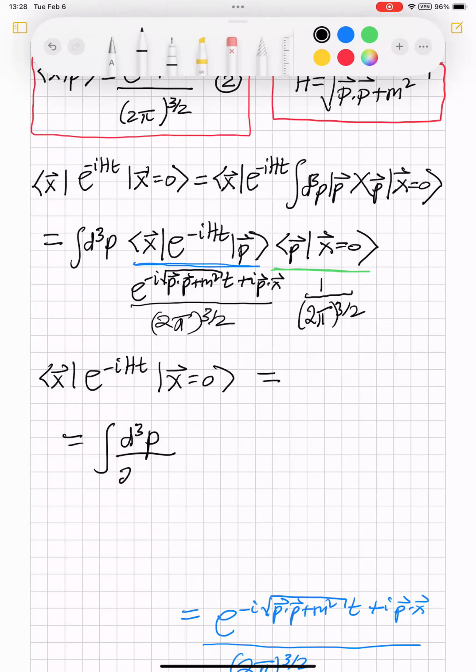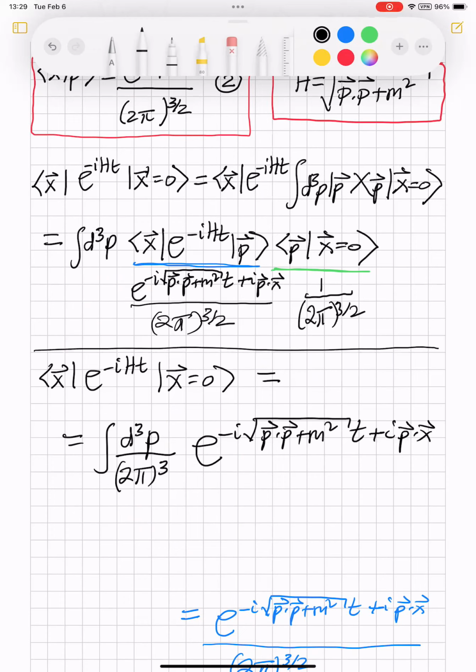Well, that's just a 1 over 2 pi cubed. And then we've got an e to the minus I square root of p dot p plus m squared times t plus I p dot x. And this is the answer that we were after.